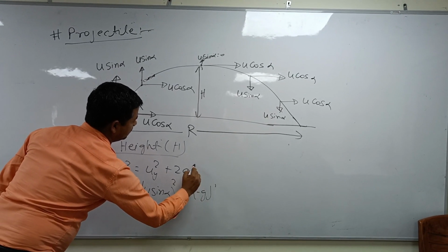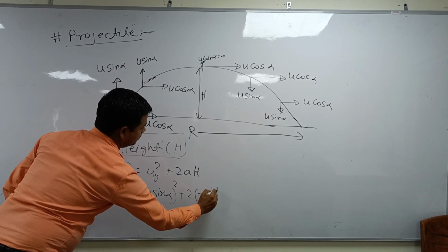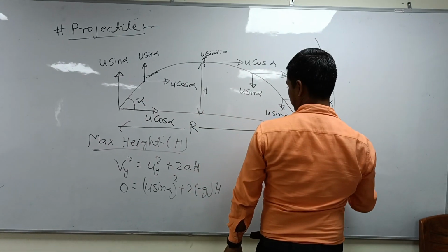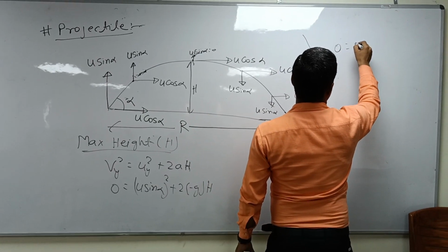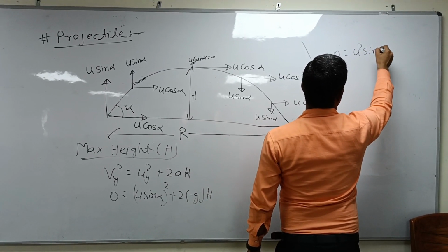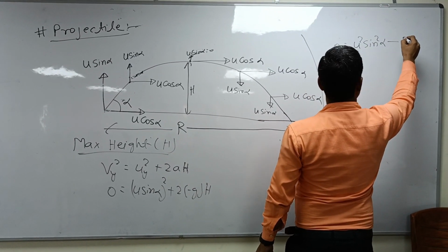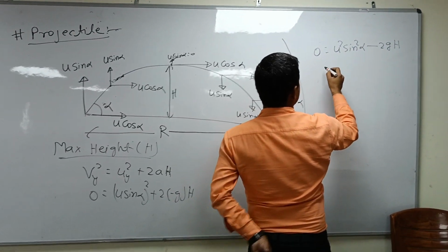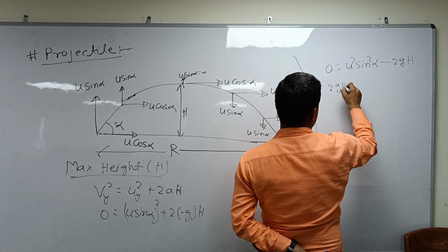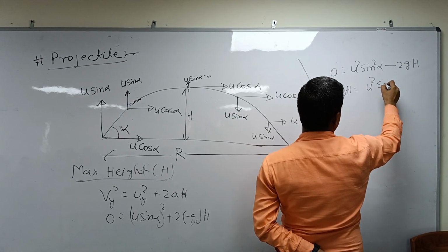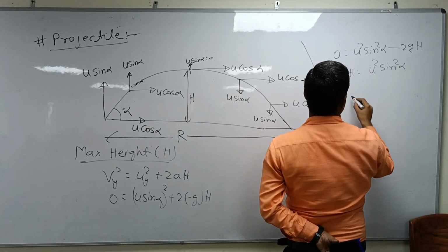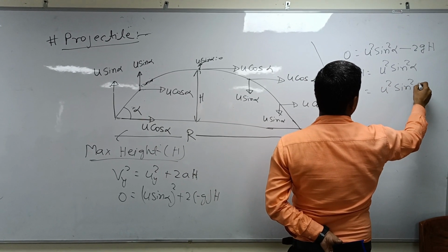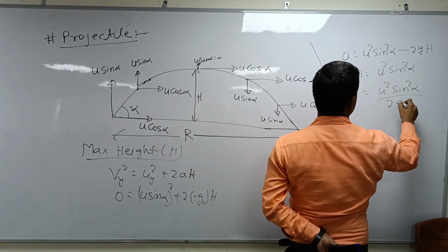Taking capital H as the height, 0 equals u squared sin squared alpha minus 2gH. Changing sides, 2gH equals u squared sin squared alpha, so H equals u squared sin squared alpha divided by 2g.